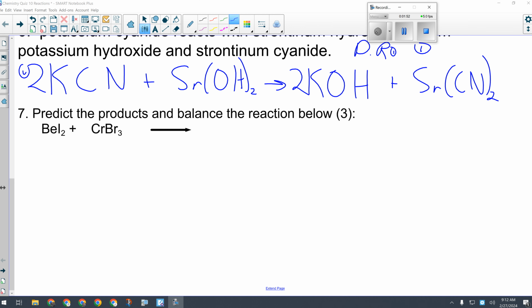If I have a reaction that starts out with two ionic compounds, what kind of reaction am I looking at? Double replacement, yeah. So if I can recognize that it's a double replacement reaction, all I have to know then is what happens in a double replacement reaction. According to my notes, what happens is very simply that the metals switch partners.